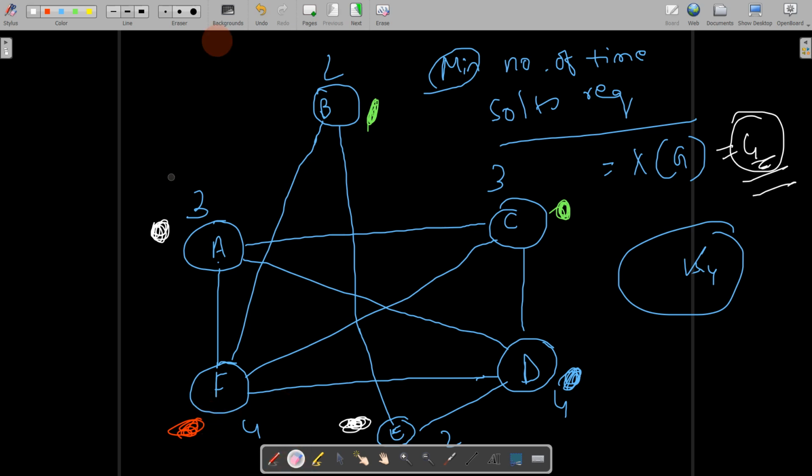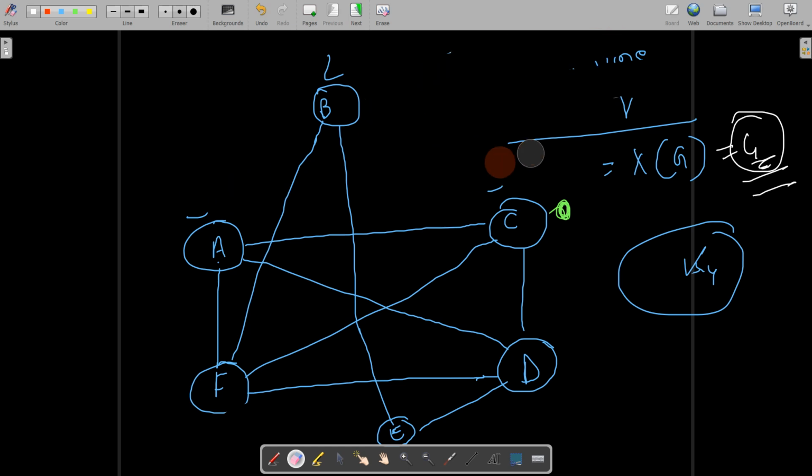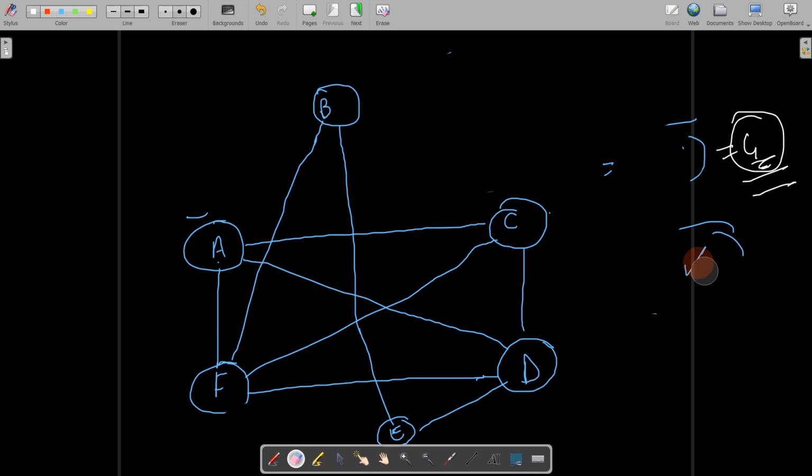Okay. So I'll erase everything else. So what is chromatic polynomial? Suppose you don't want the minimum number of time slots. You already know you have, suppose, 8 different time slots to conduct the exam.